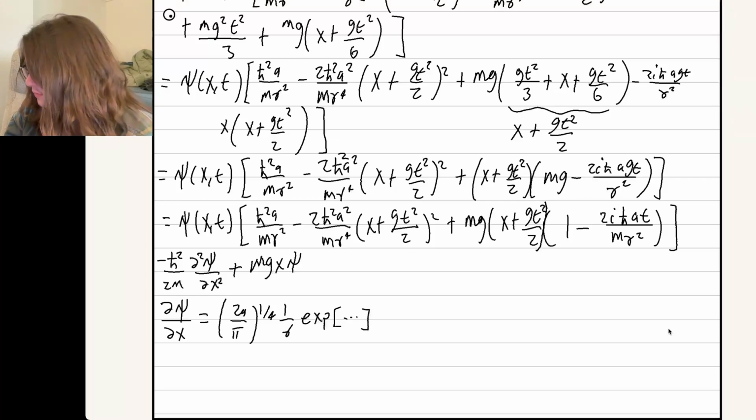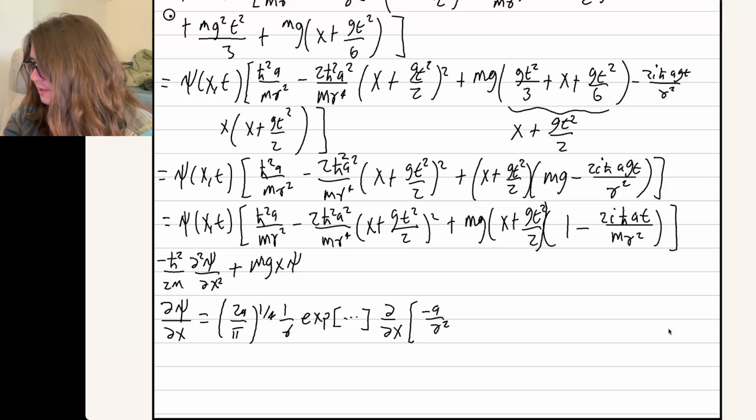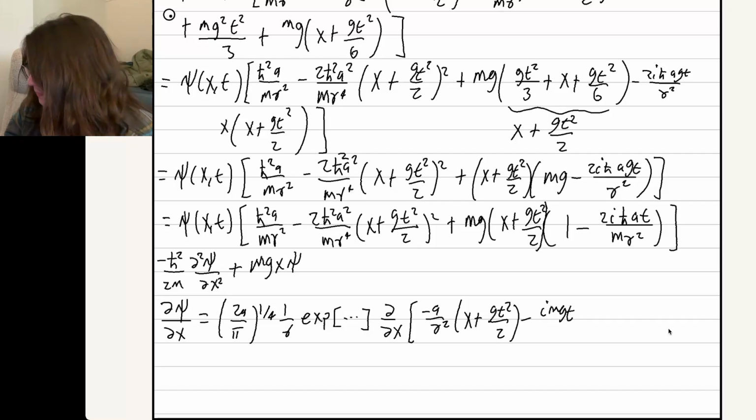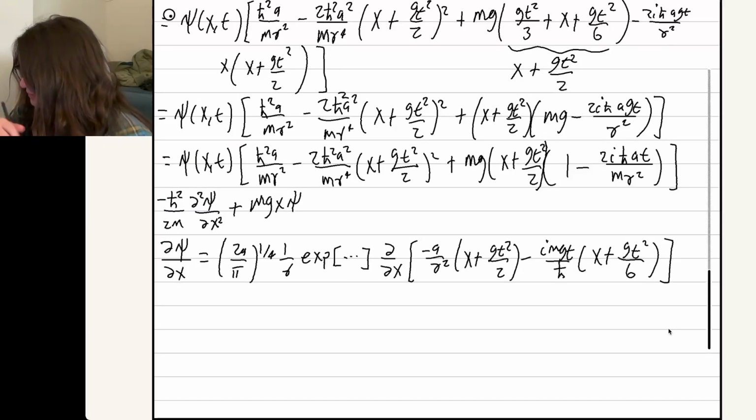That exponent isn't going away. But then we have to take the derivative with respect to x of the argument of the exponent, like last time, which was this. Thankfully, gamma does not depend on x, so we don't have to worry about that. We just have to take a nice little derivative of this.